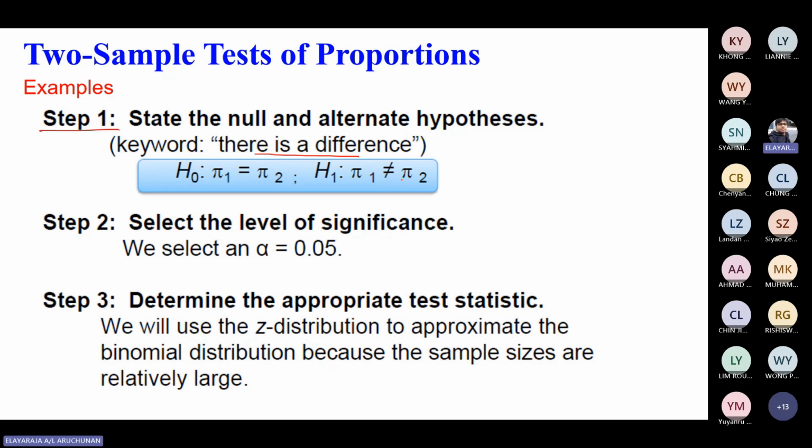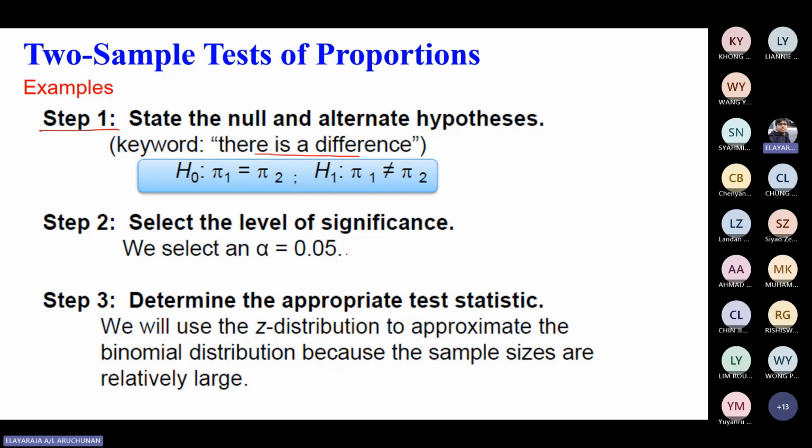And for the alternative hypothesis, we say that the proportions are not equal for the younger women and older women.